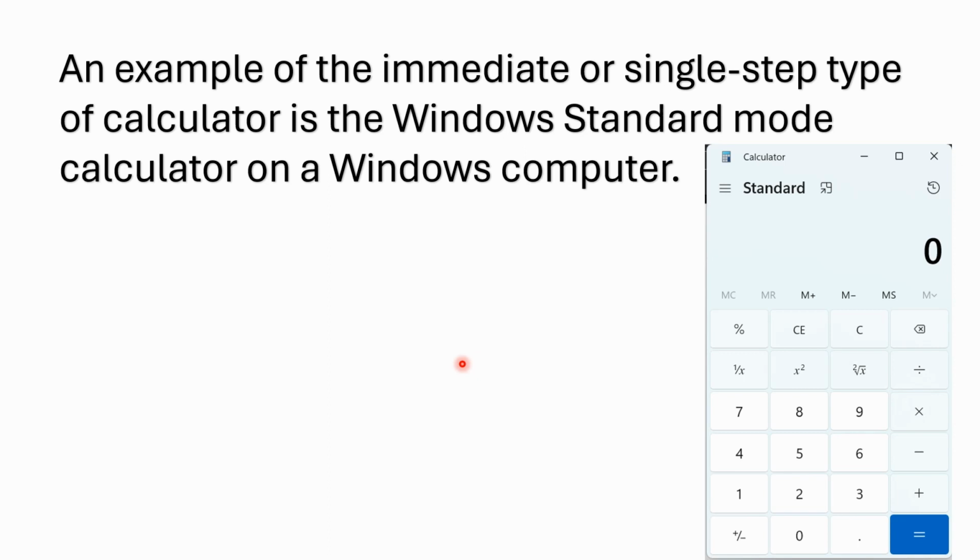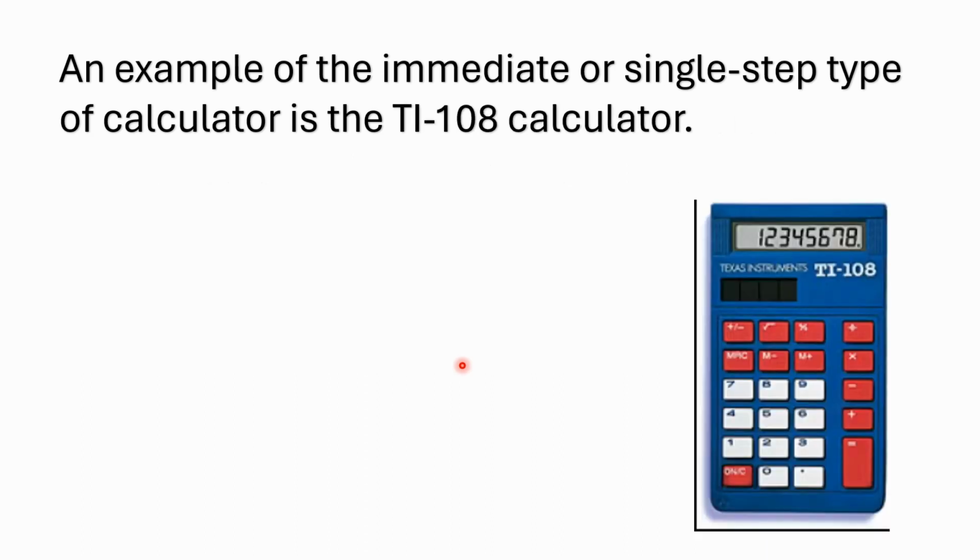A lot of people don't realize that the standard mode calculator runs in immediate execution mode, meaning that it's processing each operation as it's being done. So you have to be careful how you type a problem into a calculator like that in order to get the correct answer.